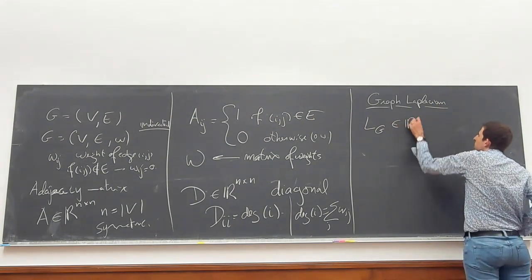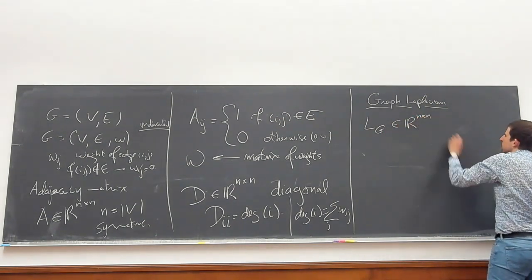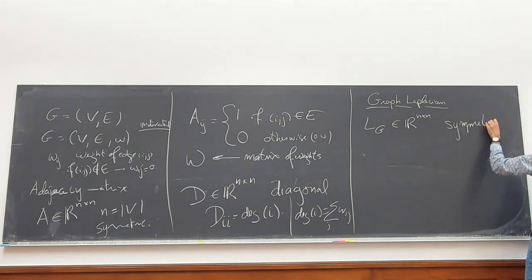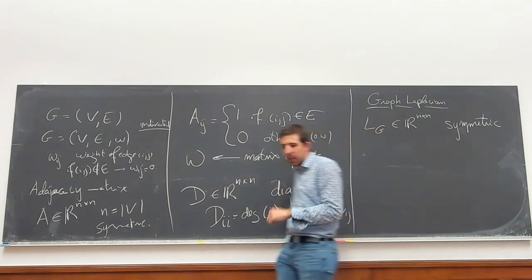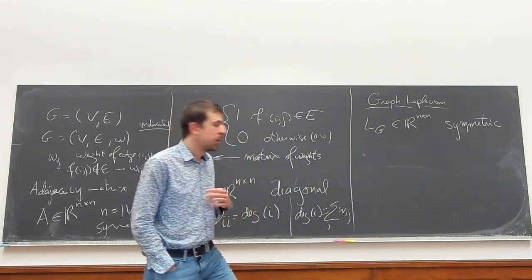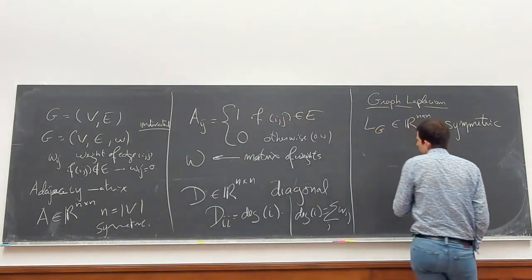LG will be an n by n matrix, also symmetric. There are a few different ways of defining it. I will define it through its quadratic form. It is the matrix that satisfies the following.